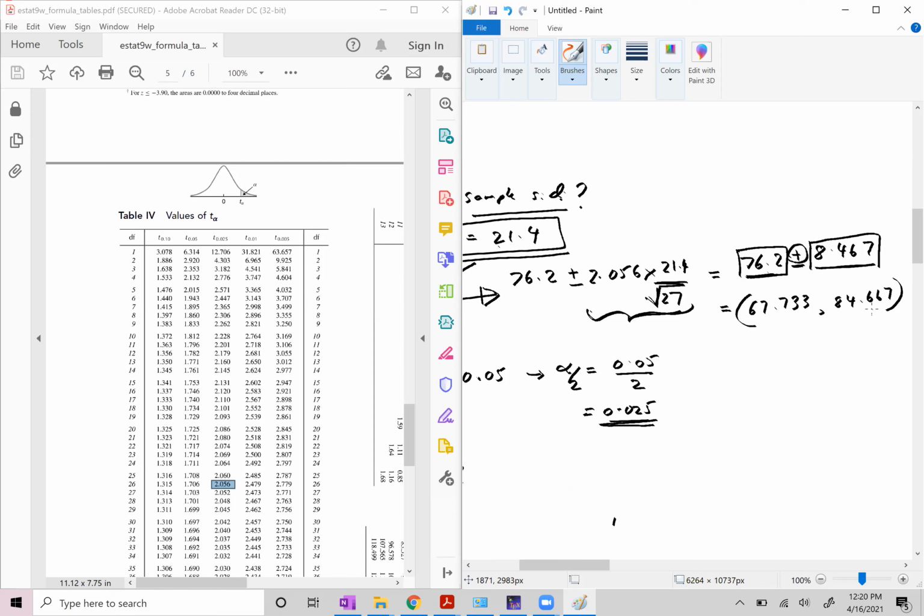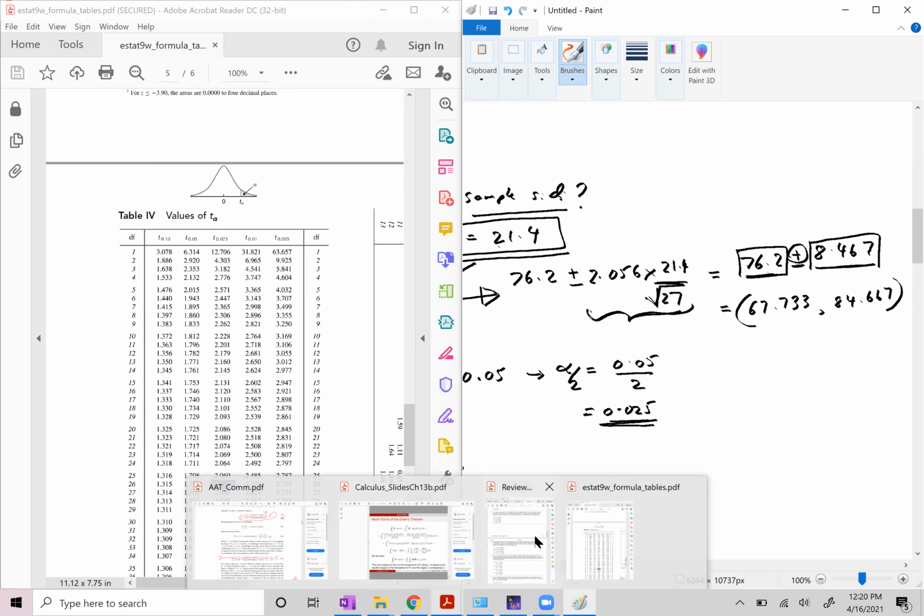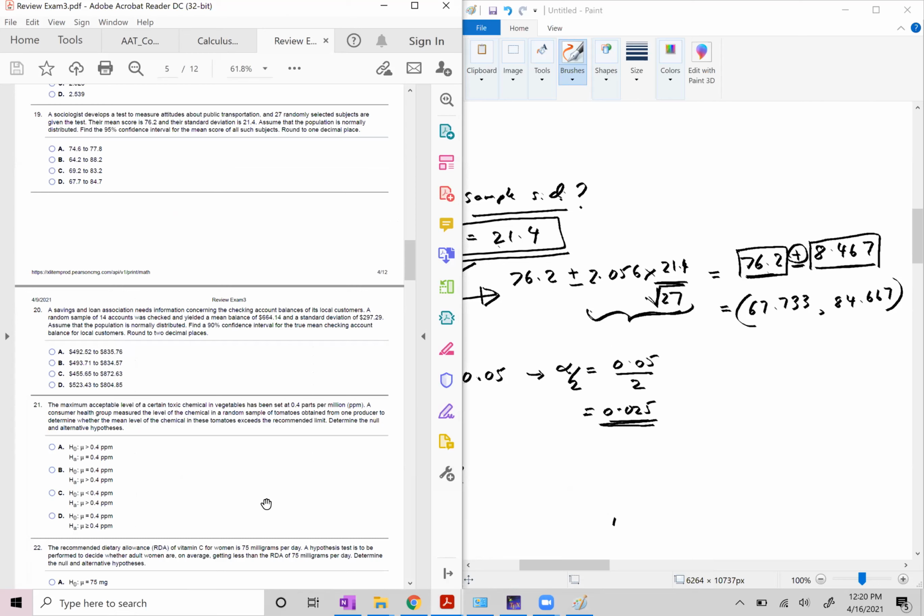Now let's look at the answers. You can see that the answers are correct to one decimal place. So when you're writing it correct to one decimal place, you have to look at the second decimal place. If it is 5 or more, you add 1 to this. If it is 4 or less, you don't do anything.